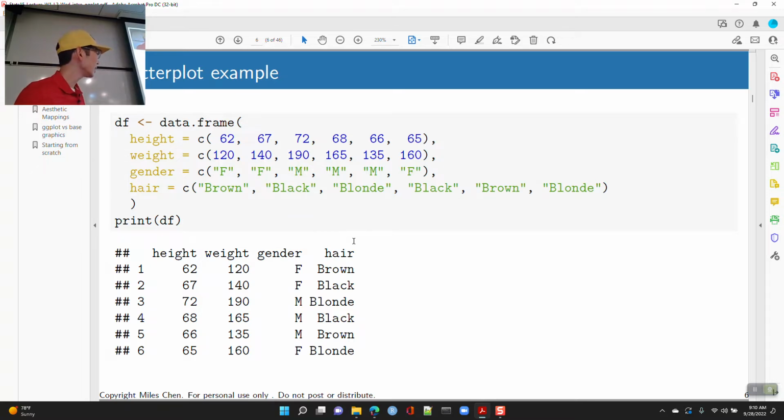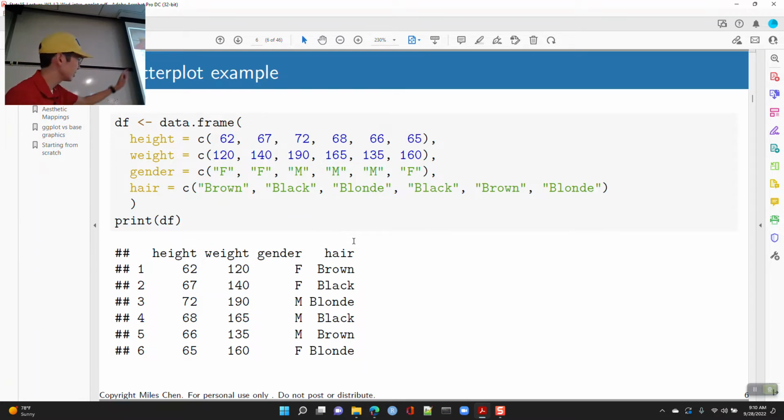We want to create a plot. If I gave you this assignment right now, and said take out a piece of paper and graph everybody's height and weight, I think you would put one variable on one axis and the other on the other. So we can do height here and weight up here.